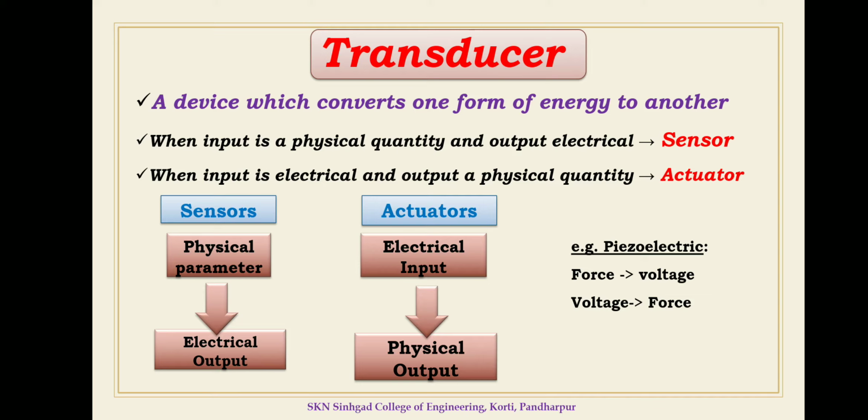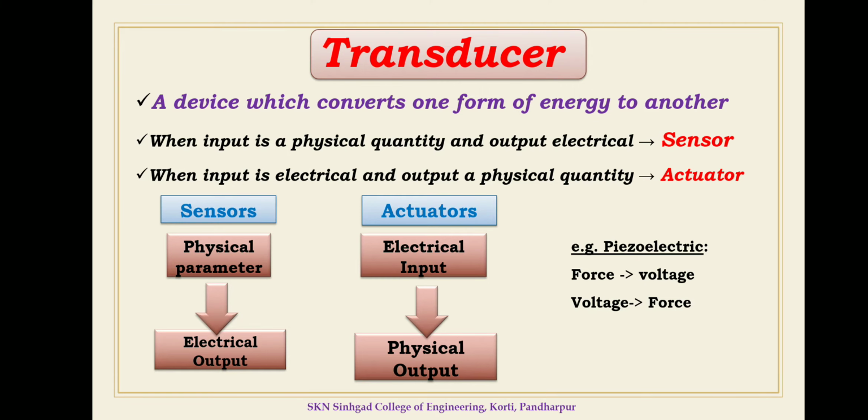A common conversion is in the form of electric or voltage signal. So the basic difference between sensors and actuators: sensors convert physical parameters into electric output, and actuators convert electric input into physical output. This is the basic difference between sensor and actuator.